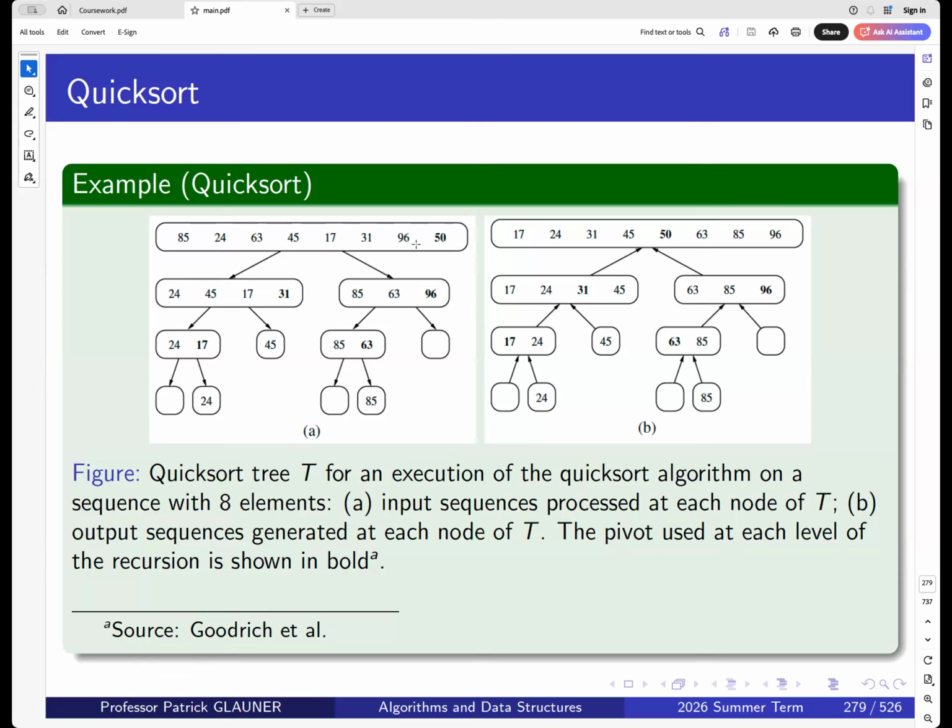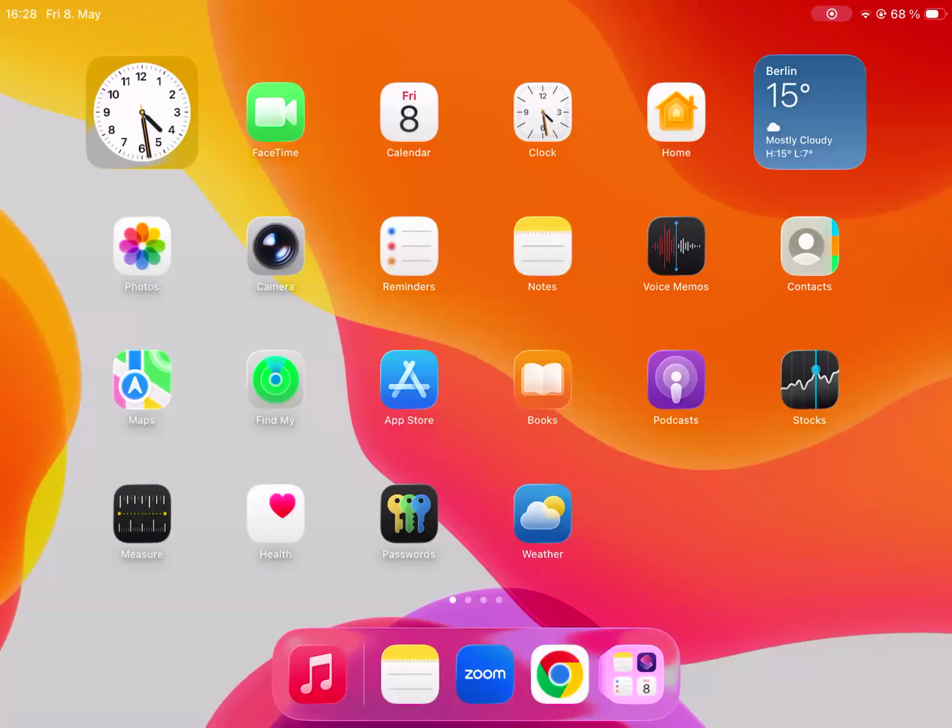So the worst case is we are unable to really split. I want to see what you think the O complexity could be. And meanwhile, just guess what you think this complexity would be. O of what? And I'll show you this now in parallel on my iPad.